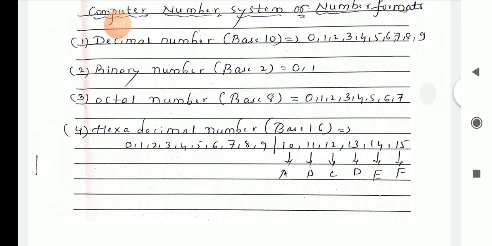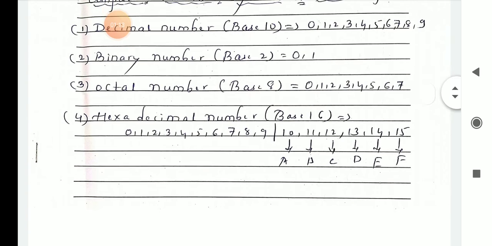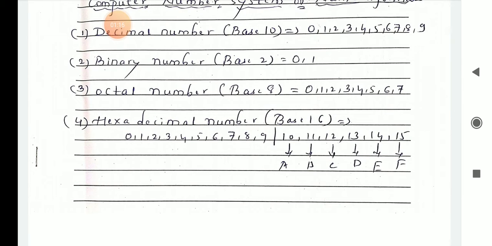In octal number, you can consider base 8, so you consider digits 0 to 7. In hexadecimal number, you can represent base 16. You can represent 0, 1, 2, 3, 4, 5, 6, 7, 8, 9, then 10, 11, 12, 13, 14, 15.